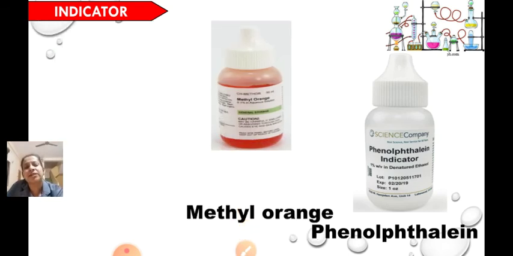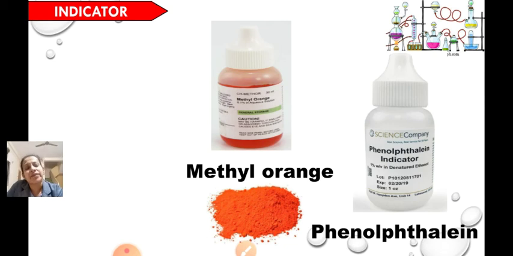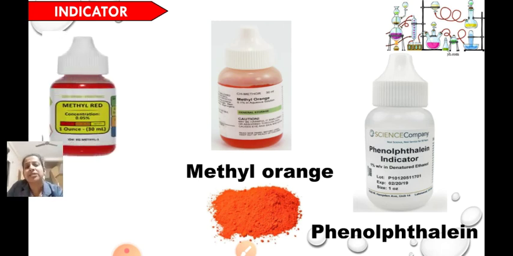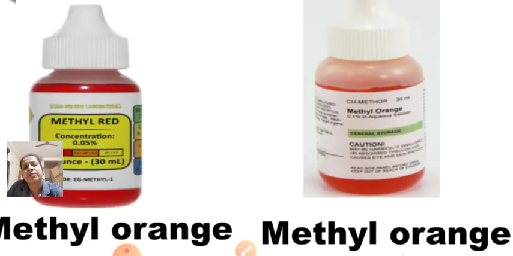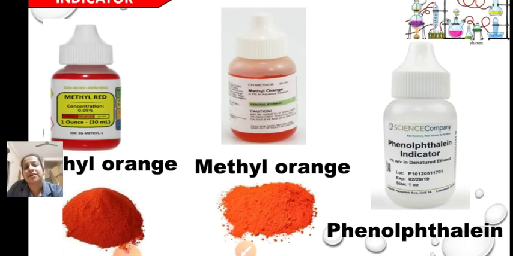The color of methyl orange is orange, whereas phenolphthalein is colorless originally. And one more is methyl red, which is red in color. Sorry, by mistake I wrote orange; it is red. Methyl red, you can see the name of it, is red in color. All these are called indicators, along with litmus paper.